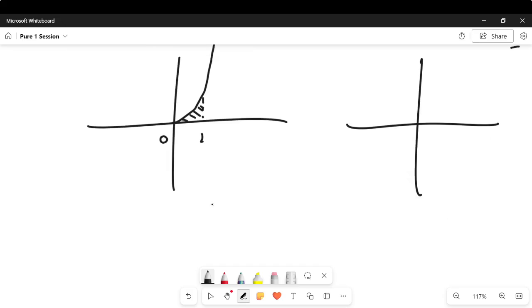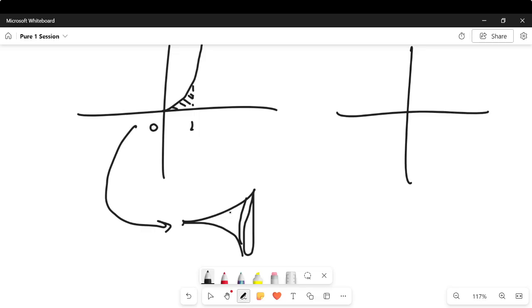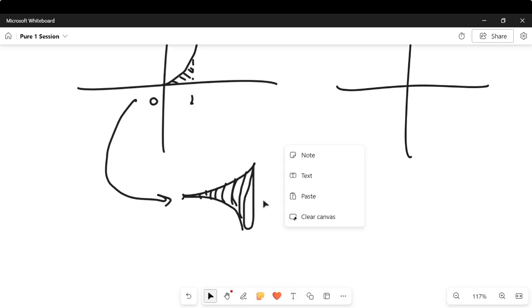It's best if you try visualizing it a bit, but basically when you rotate it about the x-axis, you end up getting a 3D shape which looks like this. It's going to have these small cross-sectional areas which are circles, and you're summing up all those small cross-sectional areas to get the total volume.